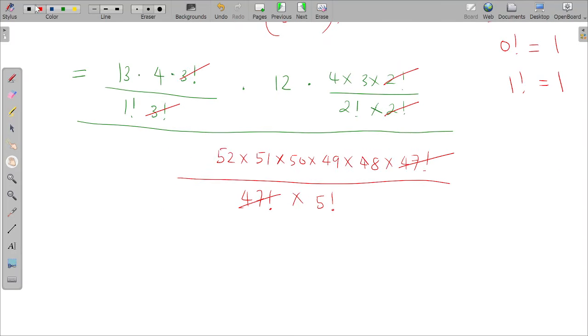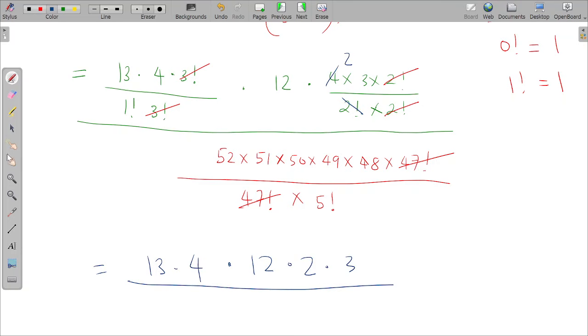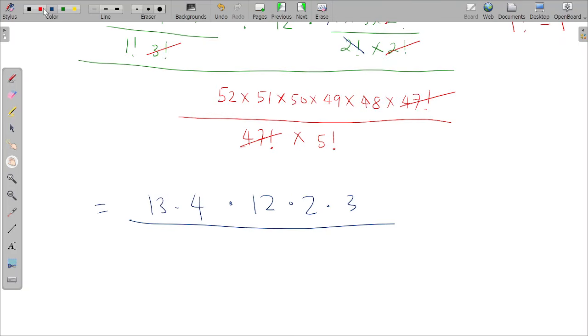So we can now simplify the remaining and have 13 multiplied by 4, 1 factorial is 1, multiplied by 12, multiplied by 2 here and 2 here, 2, multiplied by 2, multiplied by 3, all over 5 factorial. I can open up that one: 5 factorial is 5 multiplied by 4, multiplied by 3, multiplied by 2, multiplied by 1.